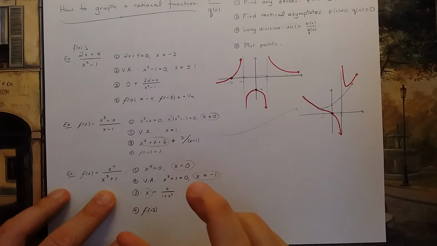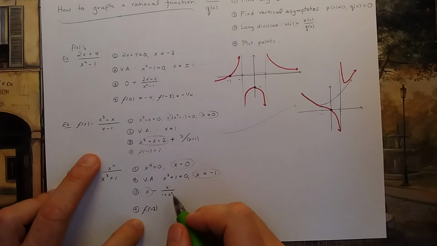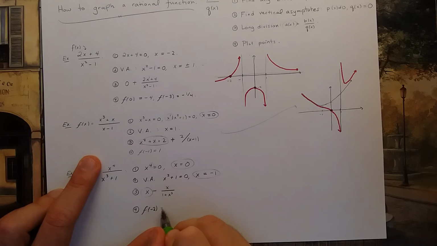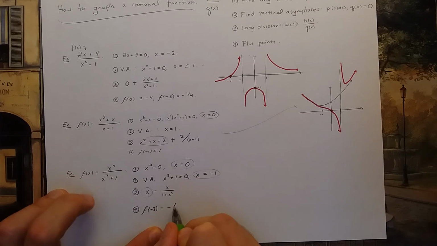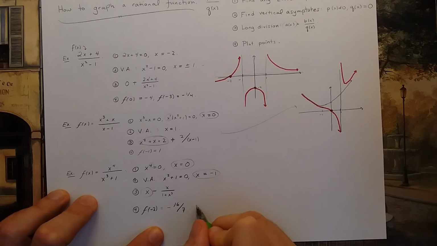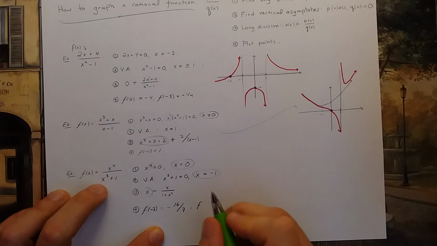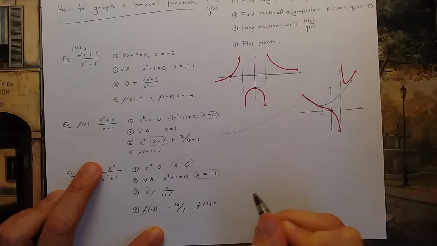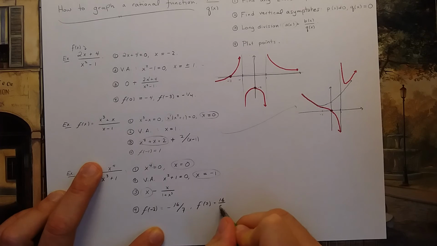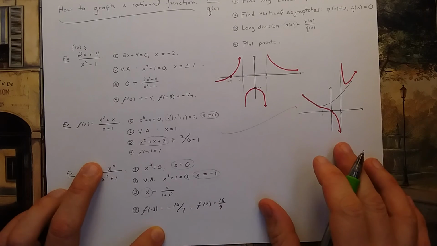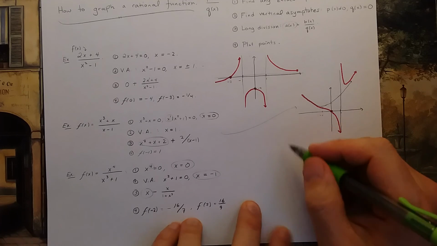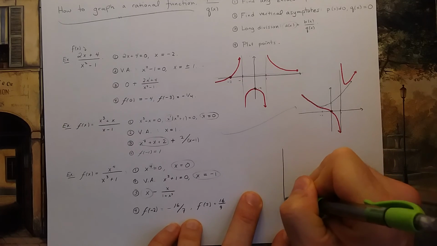So if I plug in -2 for x, I believe you'll get -16/7. And if you plug in 2, I believe you get 16/9. This tells me I get a negative number over here and a positive number over here. All right, let's put it all together and get a picture of what's happening.